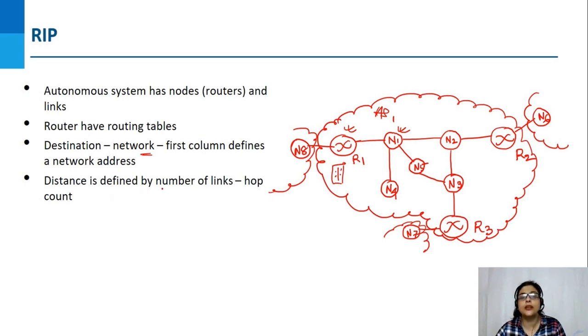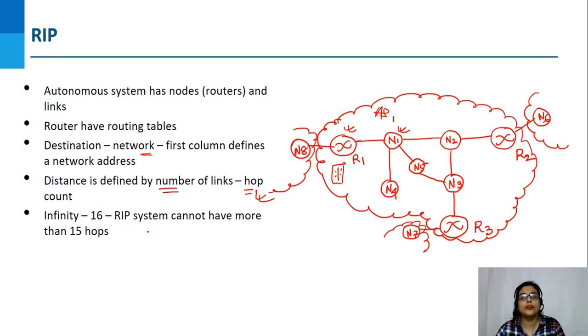The distance is defined by the number of links or number of hops. So hop count here is very much important. If we have to create the minimum distance, we consider the hop count. The minimum hop count will create the minimum distance.